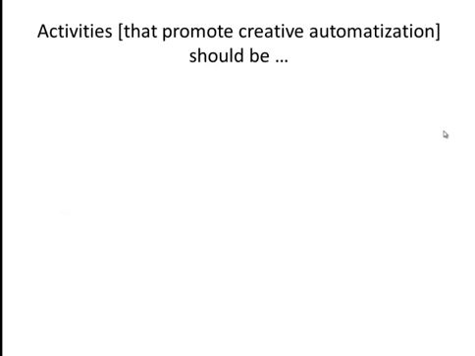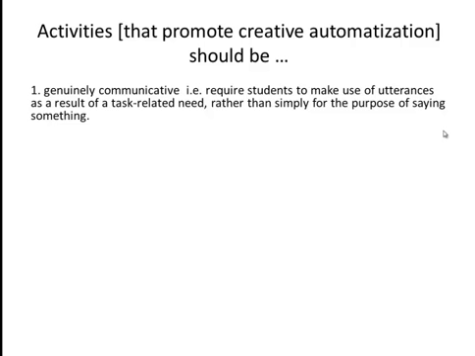So what this paper suggests, and what Thornbury reminds us, is that the kind of activities that promote a more creative automatization here should be genuinely communicative. So we want an activity that's going to actually communicate some meaning.